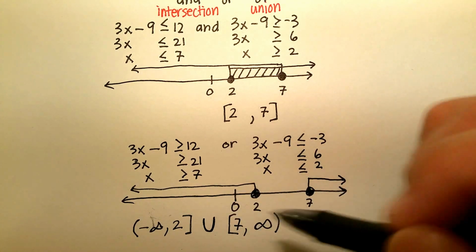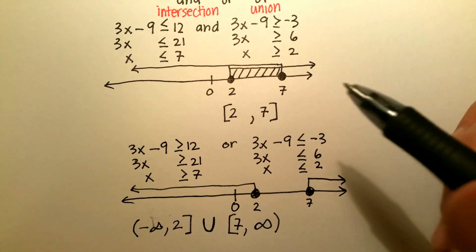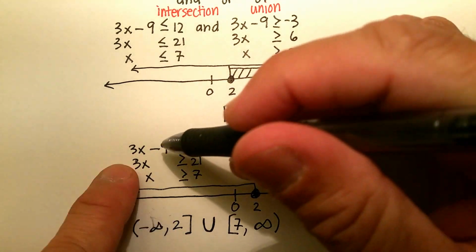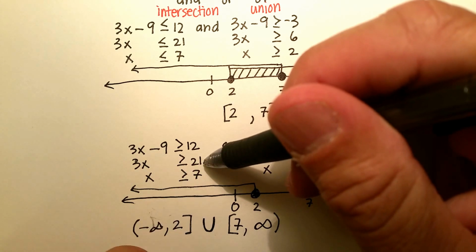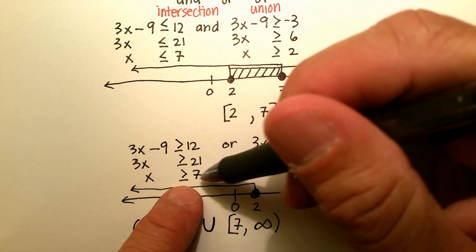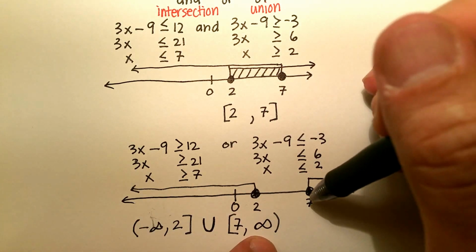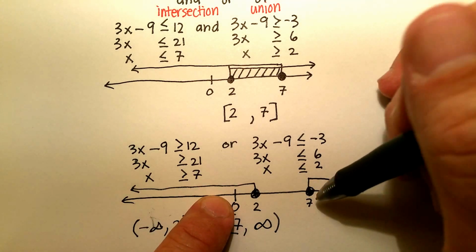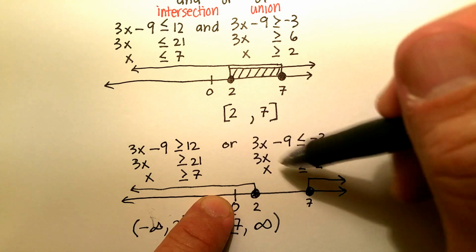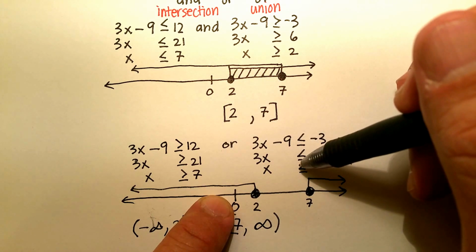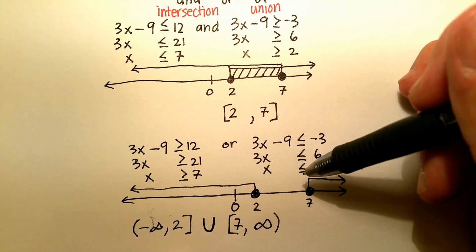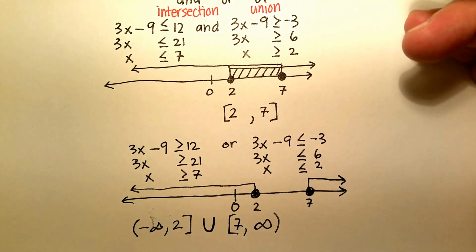So that's why you put your or statement in. Let me just check to make sure. Yeah, I added 9, got 21. Divided by 3, got 7. That means it was greater than here. So that 0 would not work in this one, but it does work in that one. So that's why I had to use both of these answers, and that's why I put the union of the two.